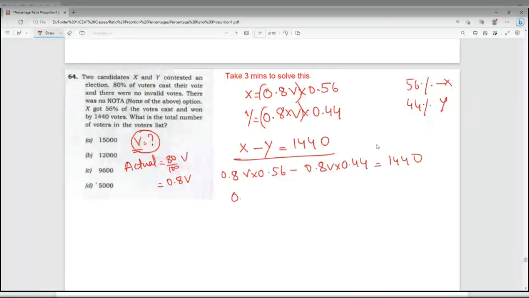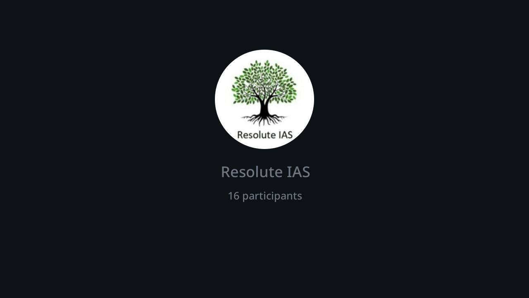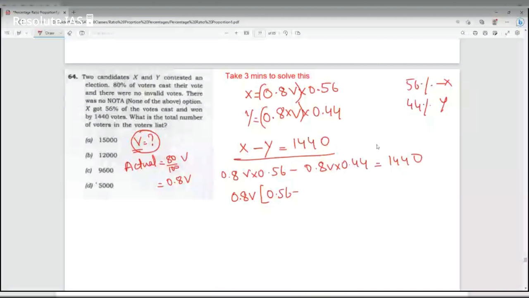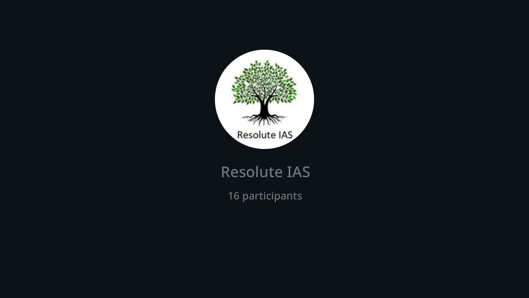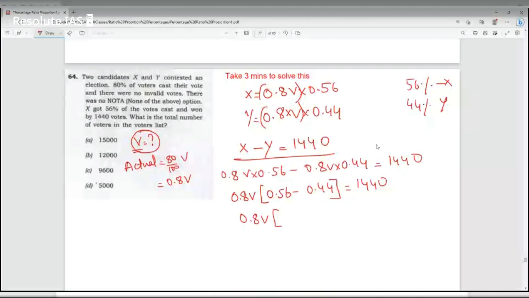If we take 0.8 V common, we have 0.56 minus 0.44 is equal to 1440. So 0.8 V into 0.12 is equal to 1440.